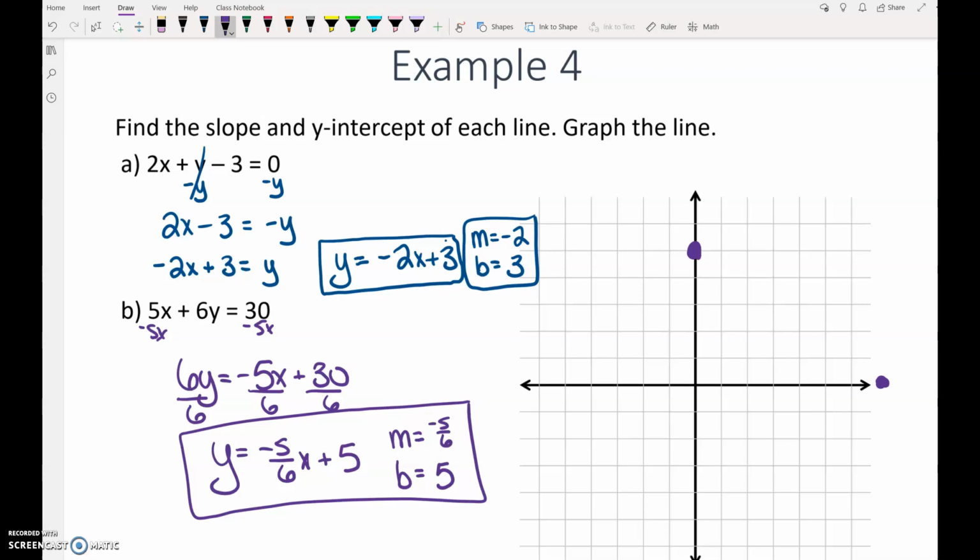So for a negative slope, you would go down 5 and then still move to the right 6. If you move down and then left, you've used 2 negatives, and 2 negatives makes it a positive. That would make it a positive slope instead of a negative slope. So make sure when you are graphing a negative slope that you only use the negative once. Down uses the negative, then you would move right.